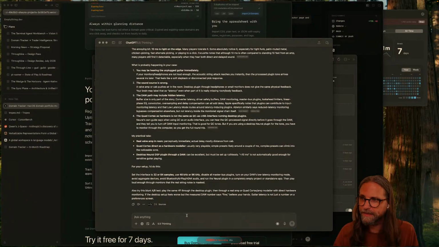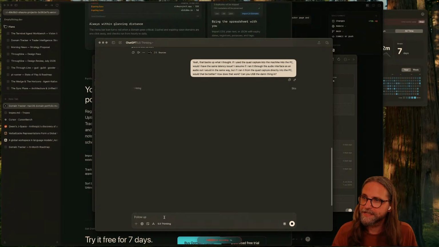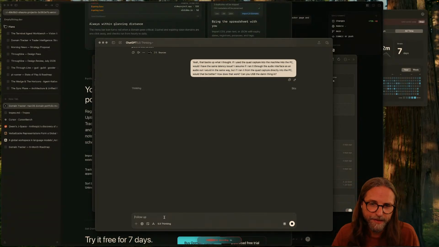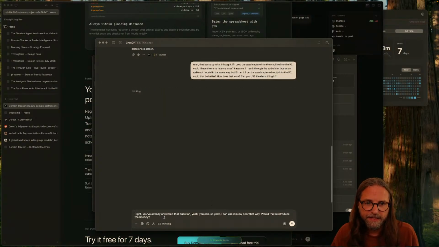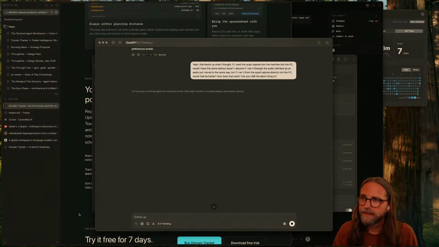Can you USB the damn thing in? All right, you've already answered that question. Yeah, you can. So I can use it in my DAW that way, would that reintroduce the latency? Oh, Quad Cortex, what I meant. My Quad Capture is my old sound card. Flappier, hey, how's it going?